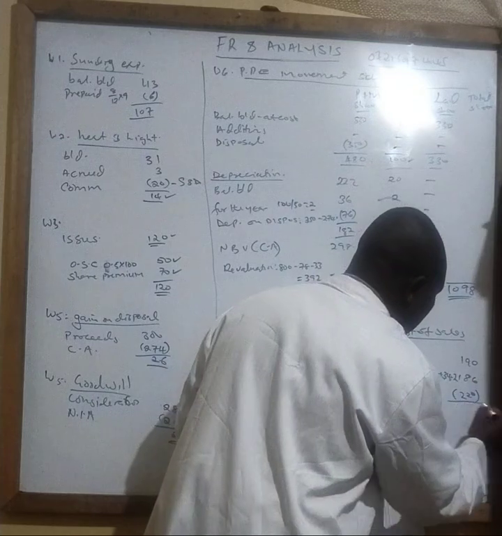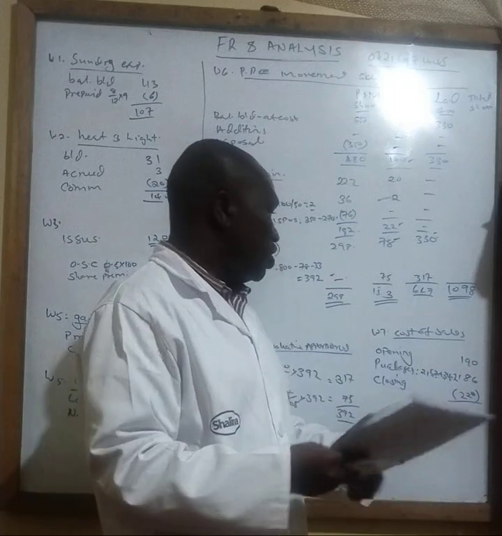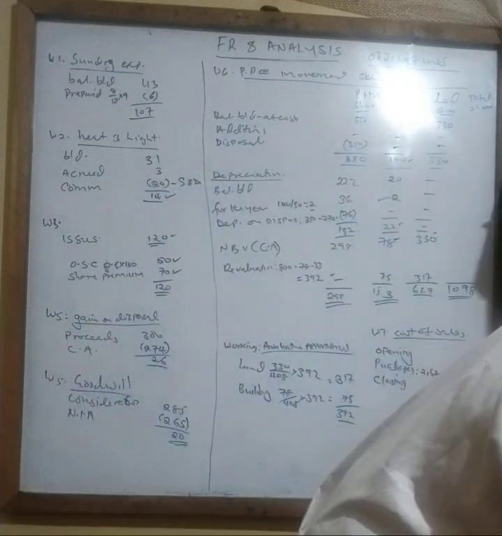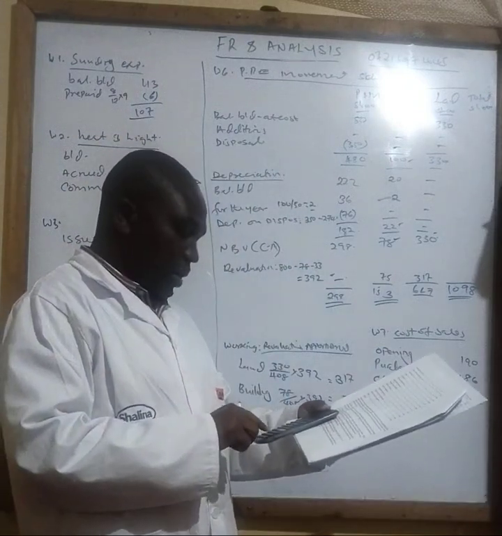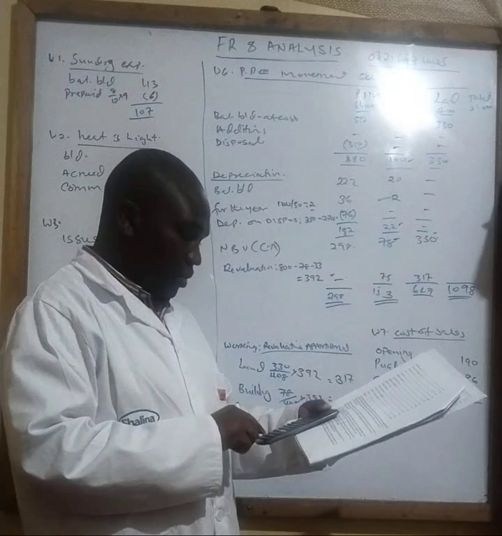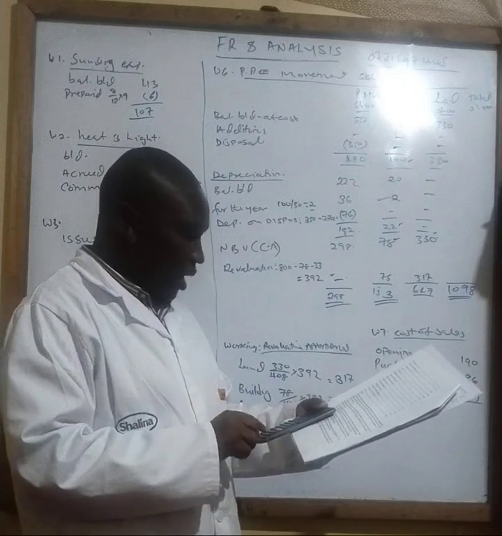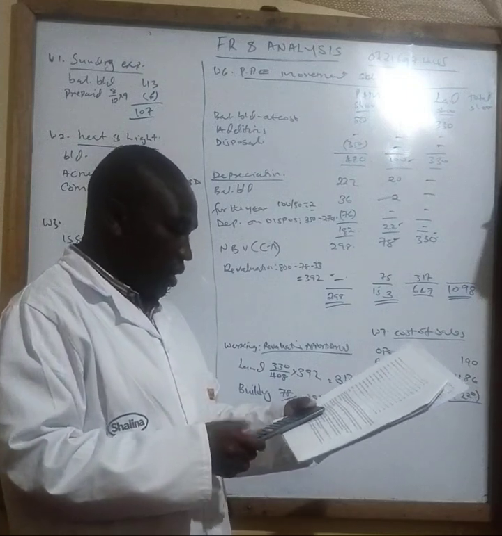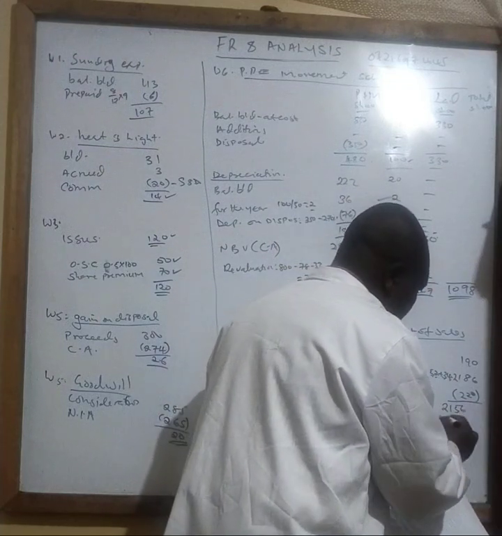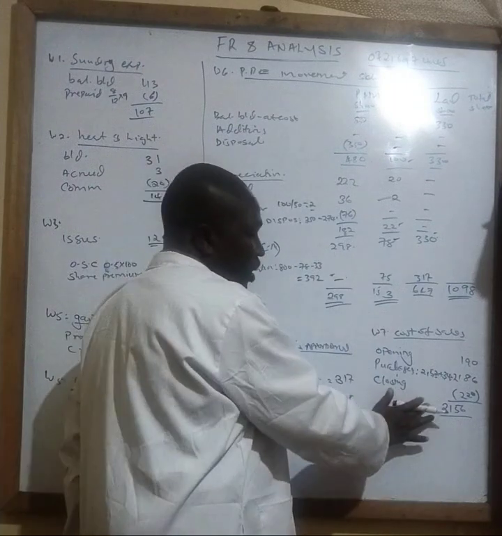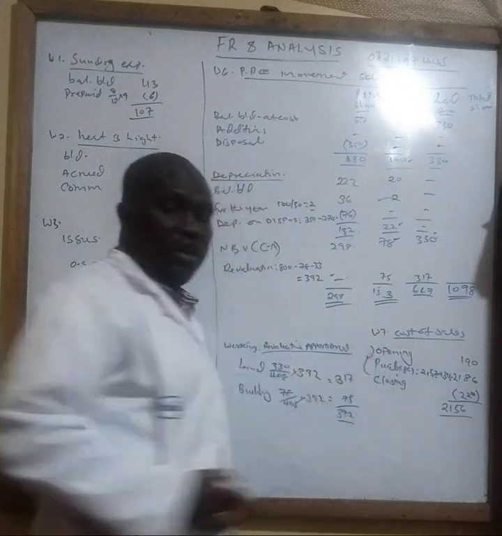So work out 190 plus 2186 minus 220. So you take your calculator and work out that. So your answer here is 2156. So 2156 is our figure to go to the cost of sales. Remember, we are saying you are not supposed to show this one as independent.